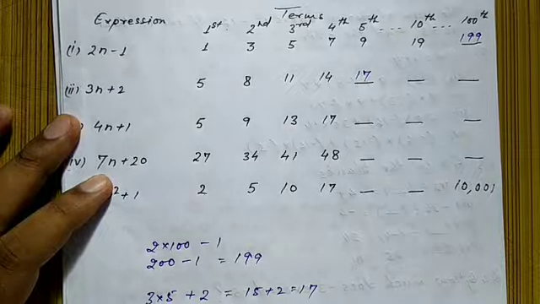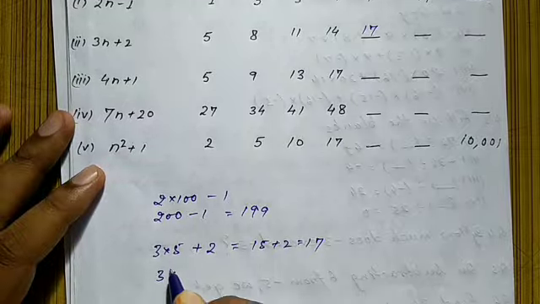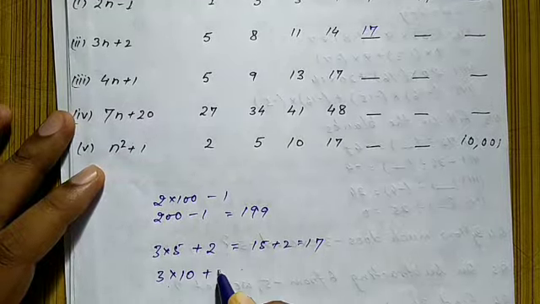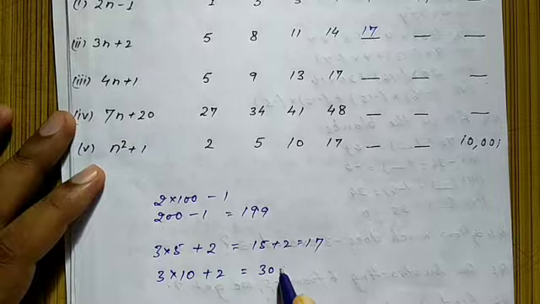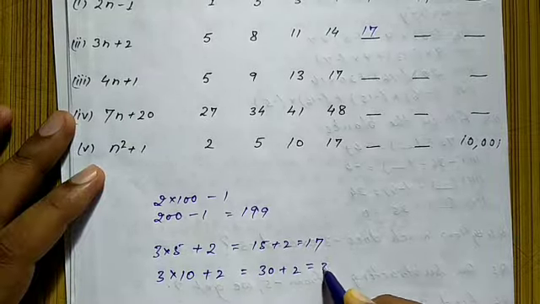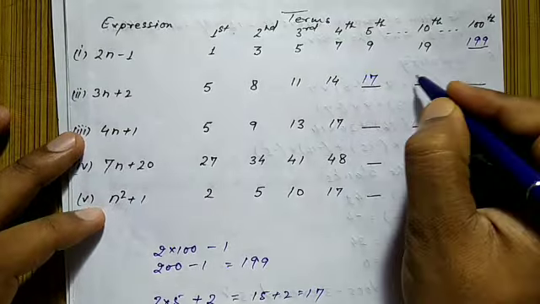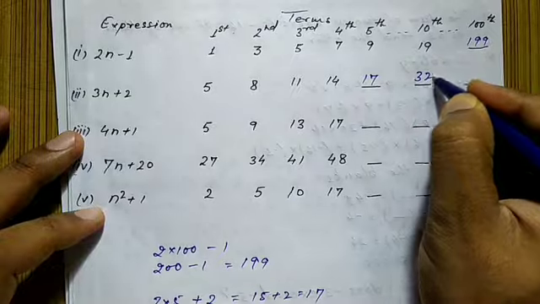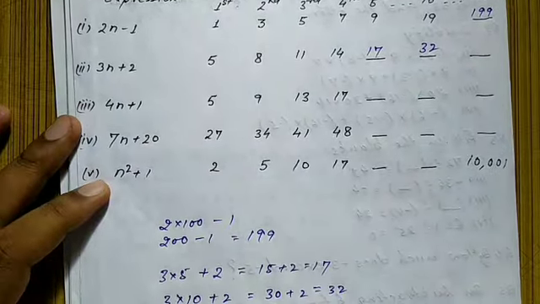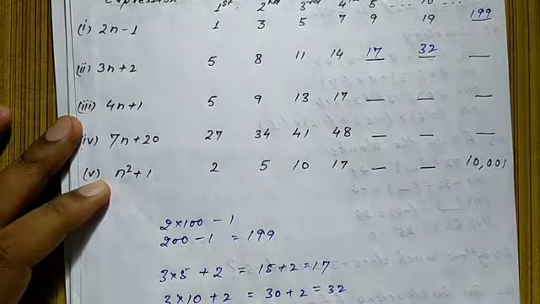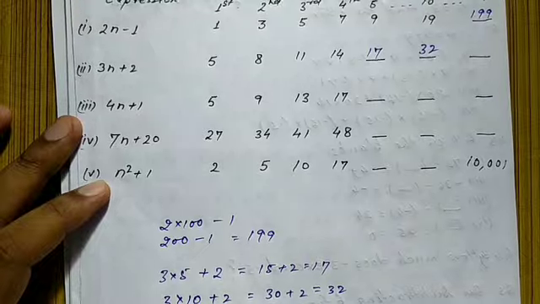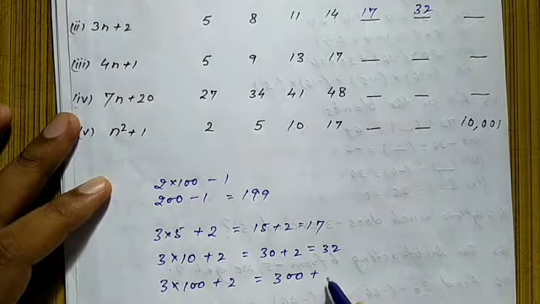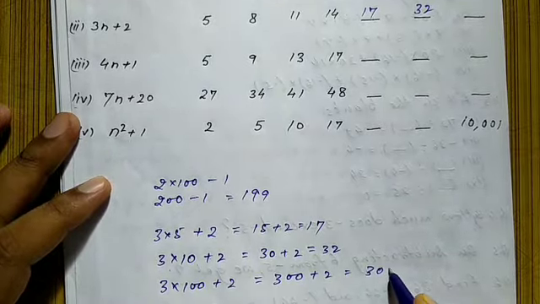Now 10th term, 3 into 10 plus 2, that is 30 plus 2, that is 32. Okay, so here 32. And 100th term, 3 into 100 plus 2, that is 300 plus 2, this is equal to 302.